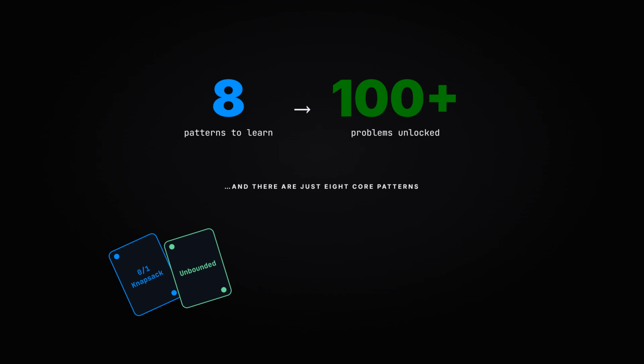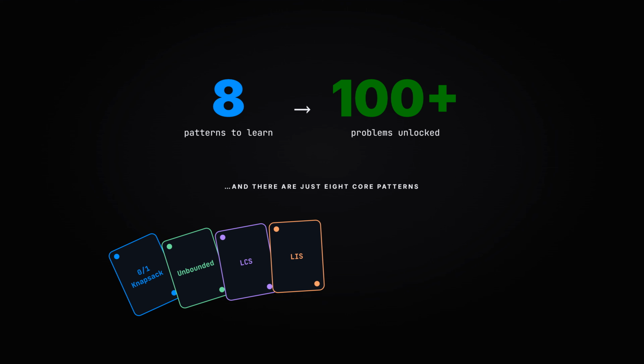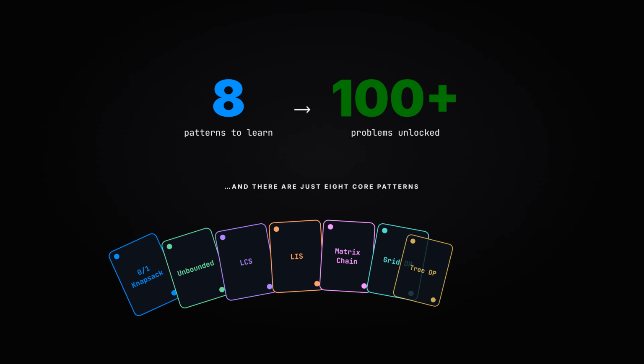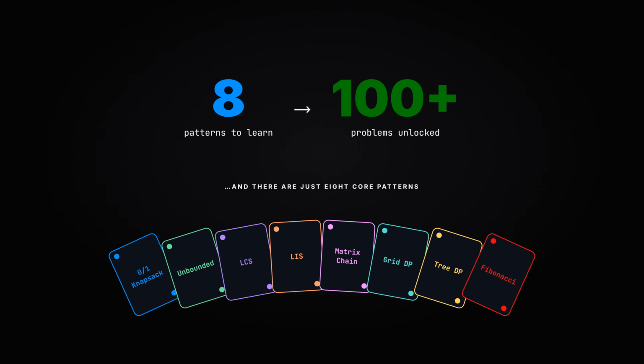Similarly, other core patterns like unbounded knapsack, longest common subsequence, longest increasing subsequence, matrix chain multiplication, grid DP, tree DP, Kadane's algorithm, and Fibonacci also have numerous variations.